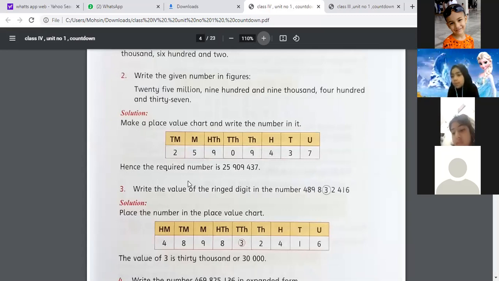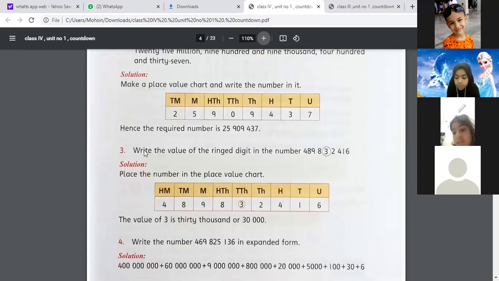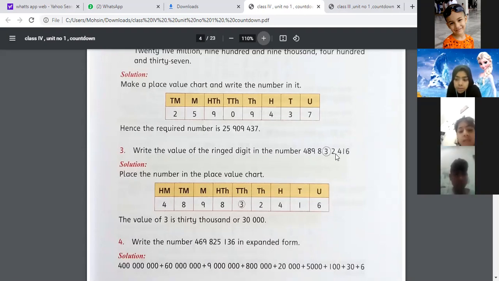Okay. The next example is: write the value of the ringed digit in the number. They are asking on which place this 3 is standing. We know the first one is unit, 10, this one is 100, this one is 1000, and this is 10,000. You can see they write it in a place value chart.